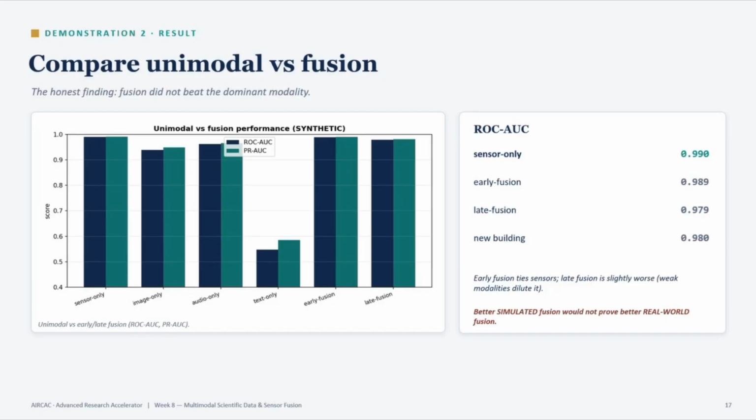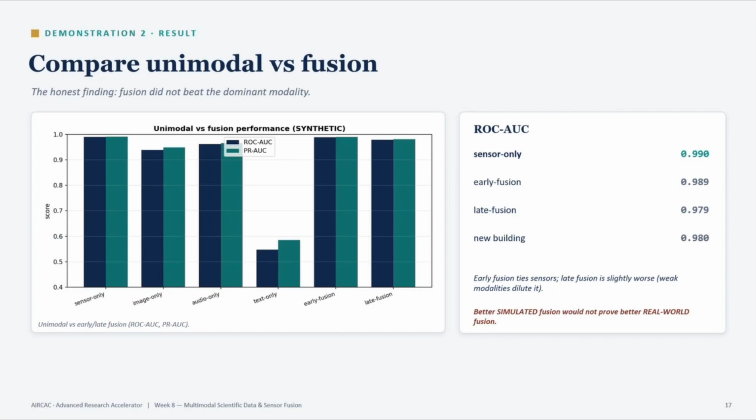So early fusion and sensor only give almost the same results. The text only gives the worst results. It doesn't necessarily mean it's useless, but when we use it alone, it provides low accuracy.